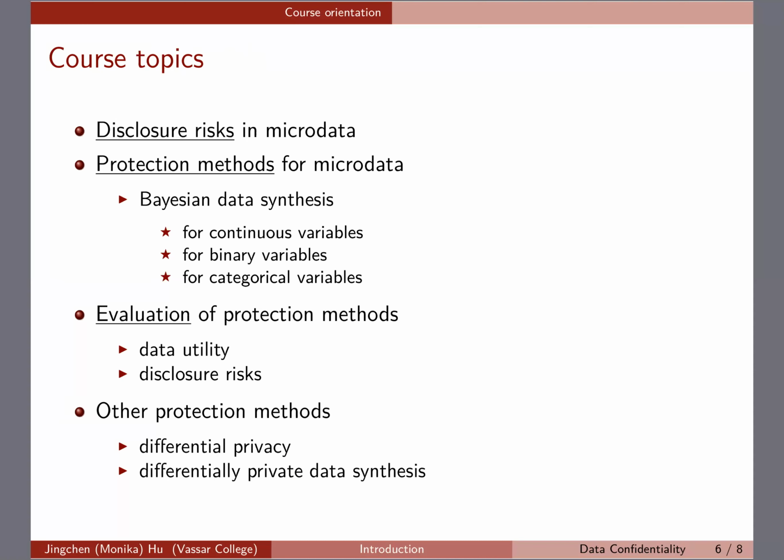Okay? So of course, in this case, we rely on Bayesian methods, and in particular, we're going to look at different ways to do Bayesian data synthesis. So pretty much the way that we're going to learn throughout the semester to provide this protection is to think of generating fake data from Bayesian methods.